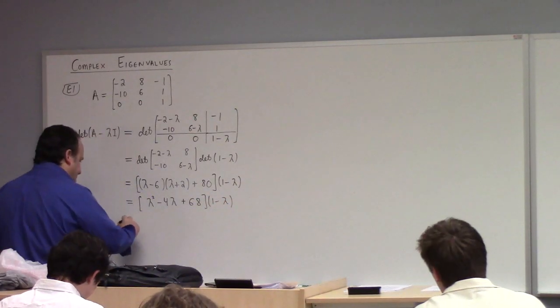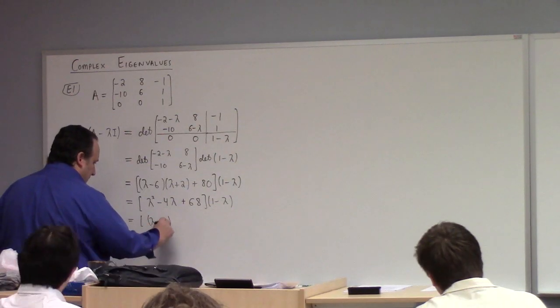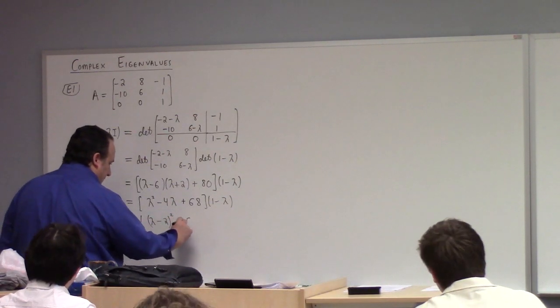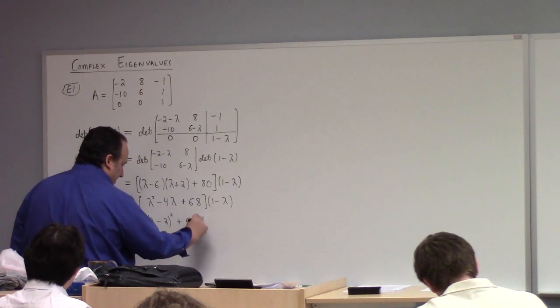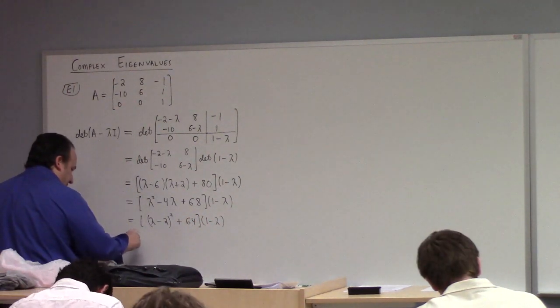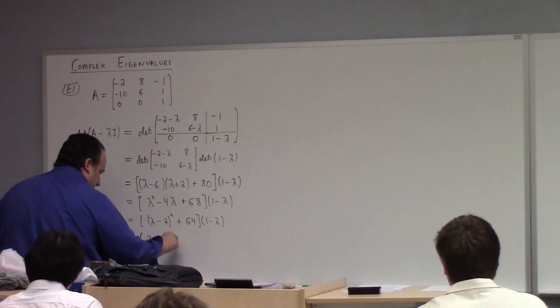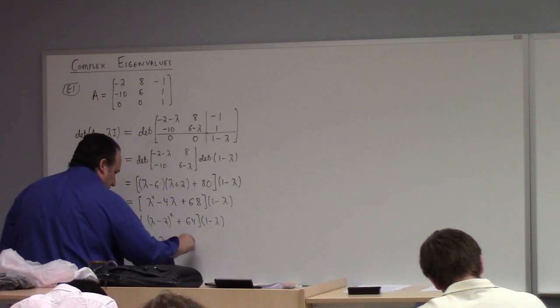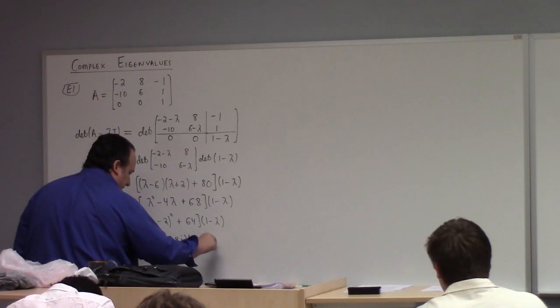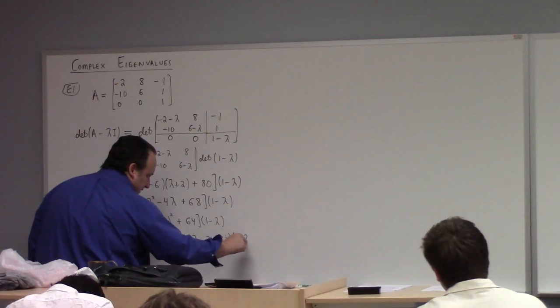Complete the square. We've got lambda minus 2 quantity squared plus 64, times 1 minus lambda, which, if you want, we could even factor. This is lambda minus 2 plus 8i times lambda minus 2 minus 8i. If you don't want to do it that way, you don't have to.